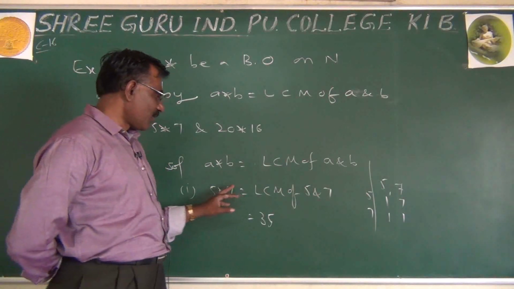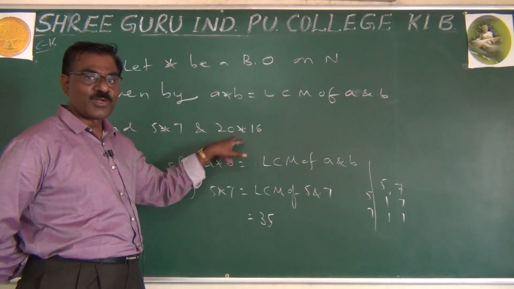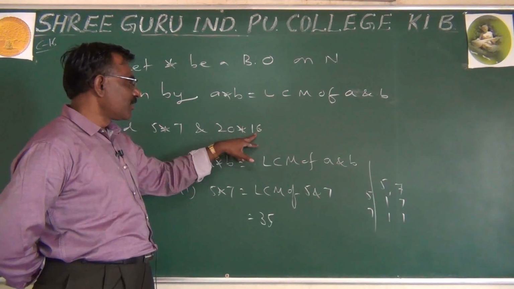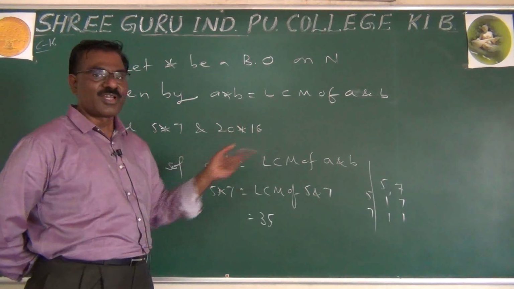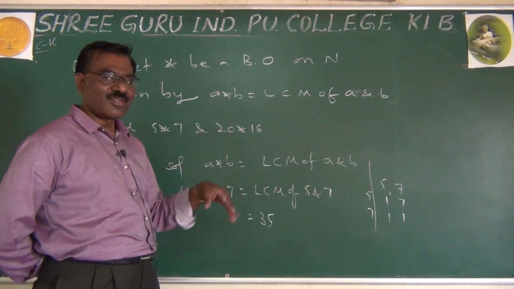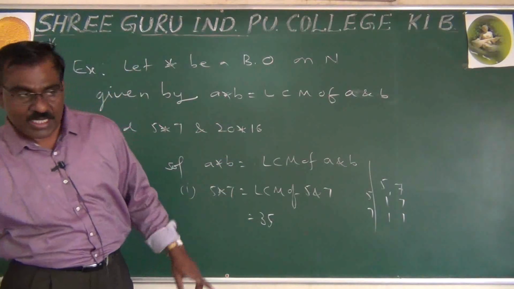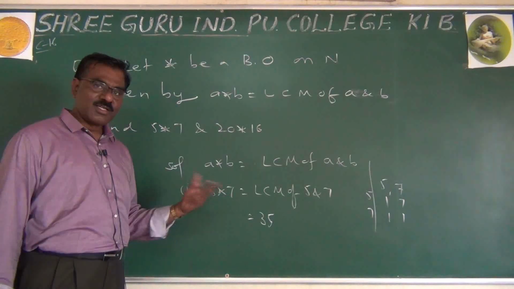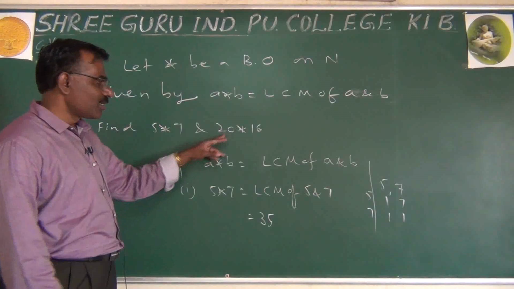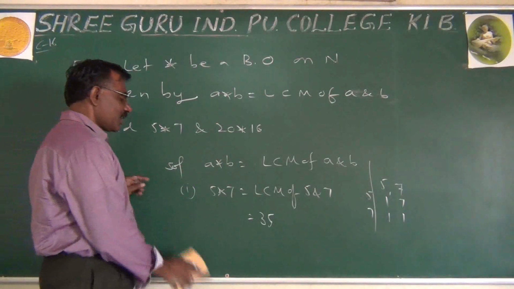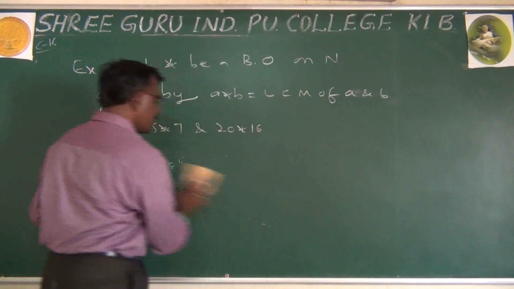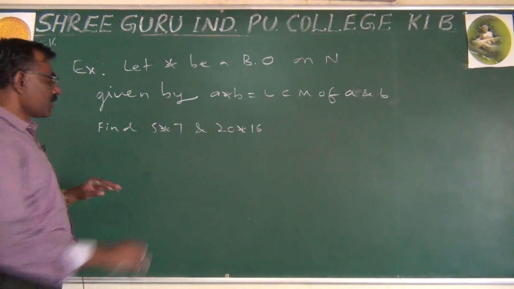The same procedure they are following here, 20 into 16, but here multiplying doesn't work, because the factors come in. So what is the LCM? 5 star 7 is 35.